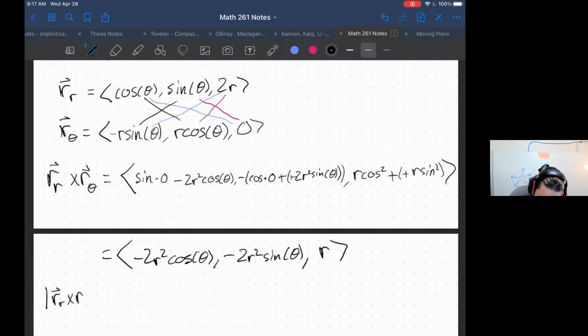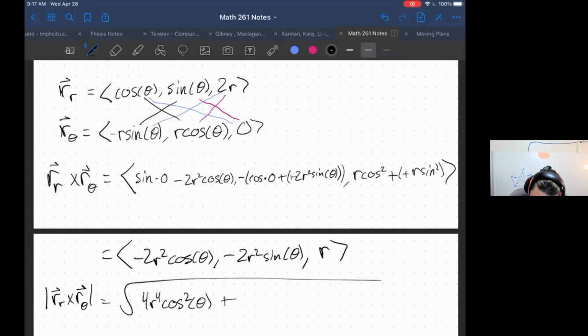Now for the magnitude of this vector, this is equal to the square root of each of the components squared, or the sum of those. So we should have a 4r to the 4th cosine squared of theta plus a 4r to the 4th sine squared of theta plus an r squared.